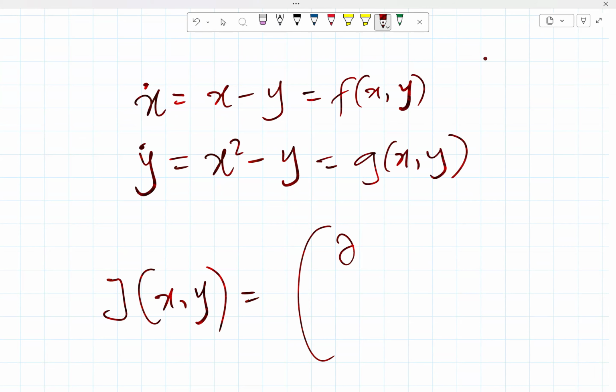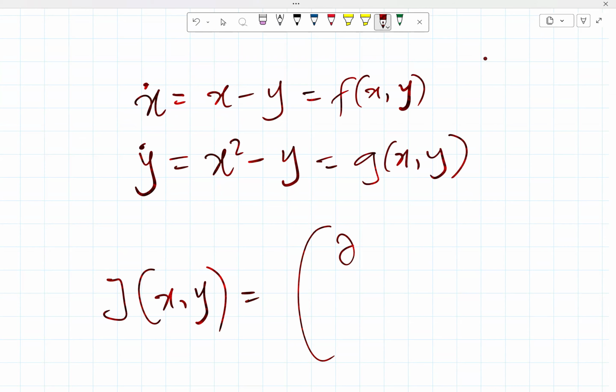So for the Jacobian, we have partial f partial x, that is this expression differentiated with respect to x. Then we have partial f partial y, the same expression differentiated with respect to y. Then we also have partial g partial x, then partial g partial y. That's how the Jacobian goes.